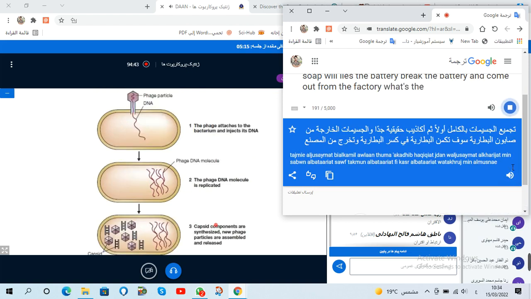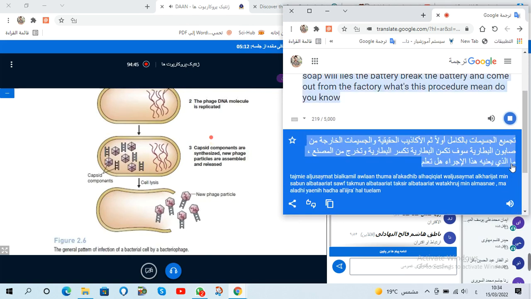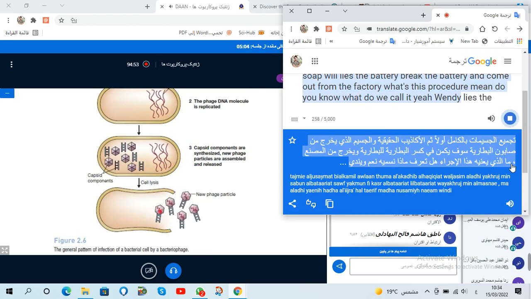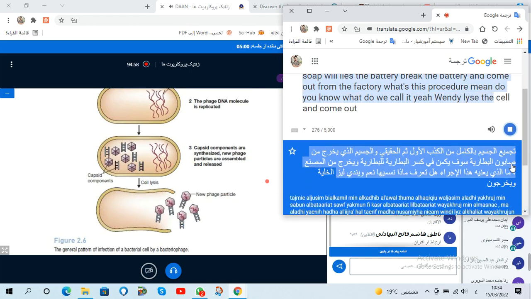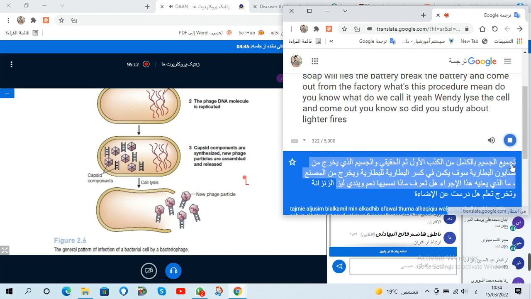What does this procedure mean? Do you know? What do we call it, when they lyse the cell and come out? Did you study about the lytic phase?